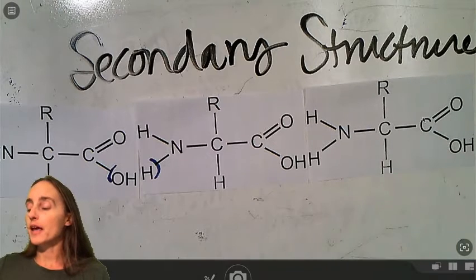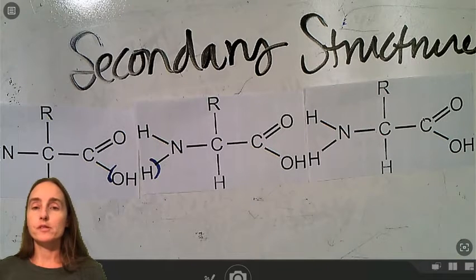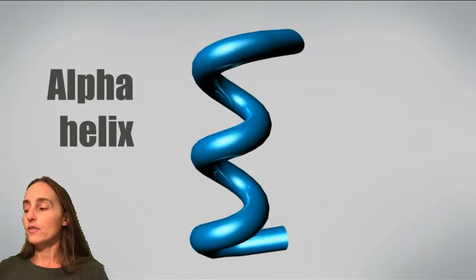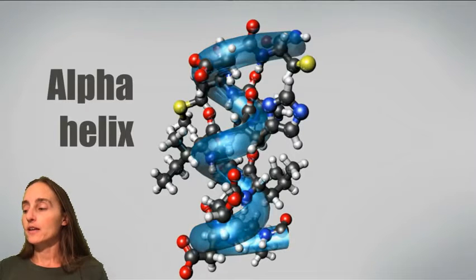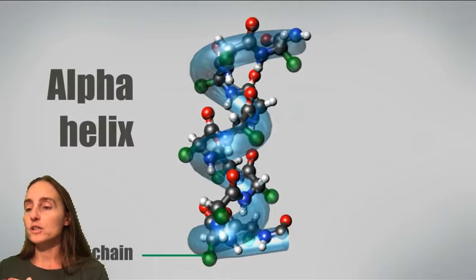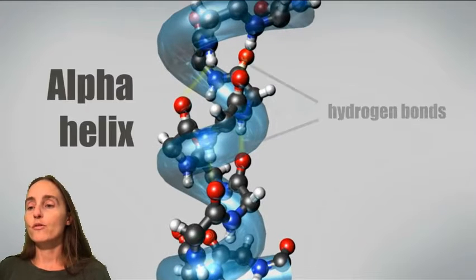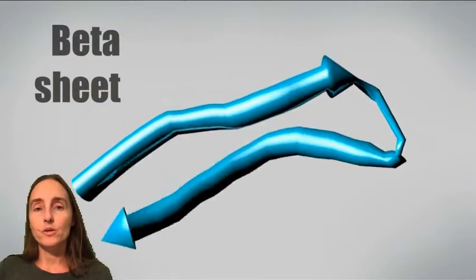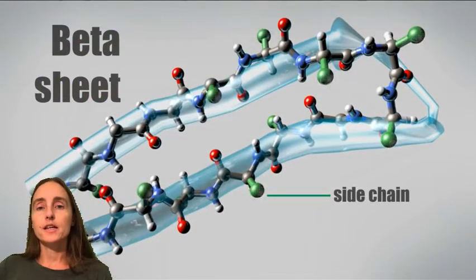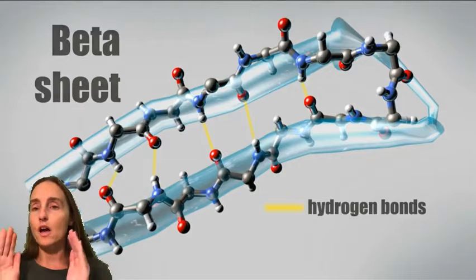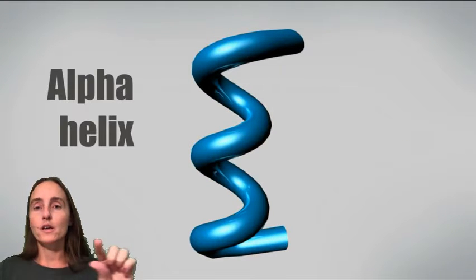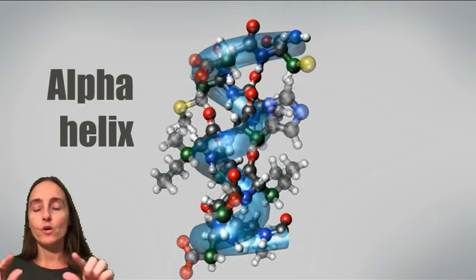And so what happens then is you will be able to see, like this animation here, that when that hydrogen and that oxygen can get close enough together, you will form a hydrogen bond. And that is between the oxygen and the nitrogen. It doesn't have anything to do with the R groups. It's just a hydrogen bond forming, still between the backbone of the amino acids, okay?